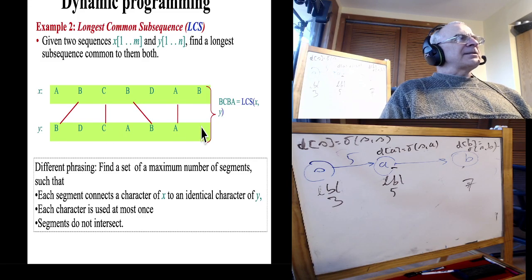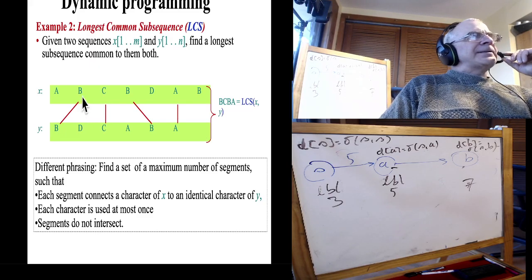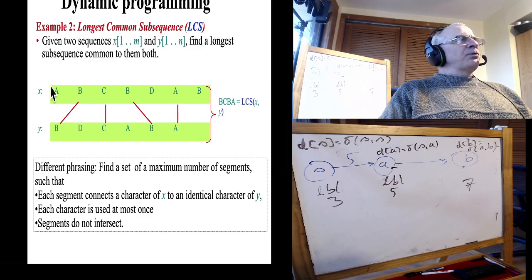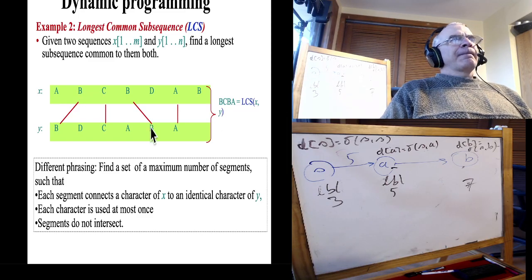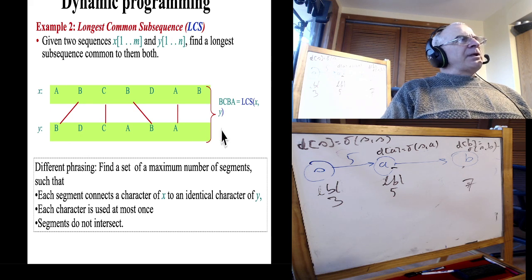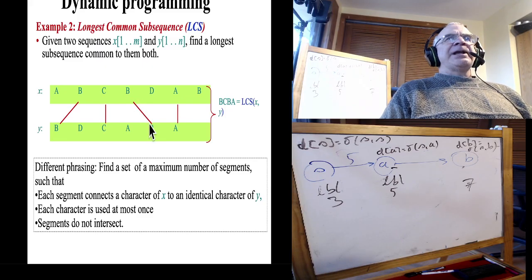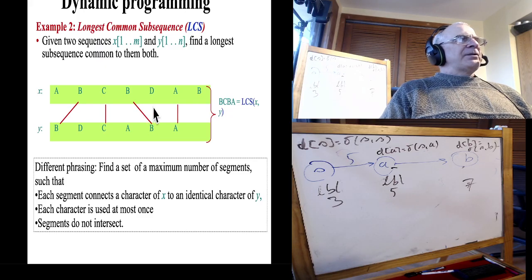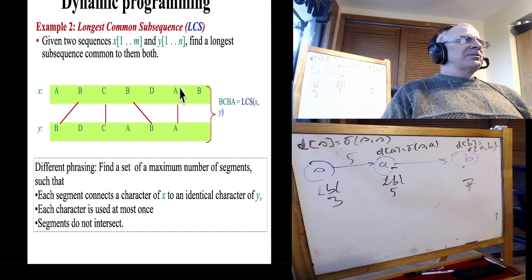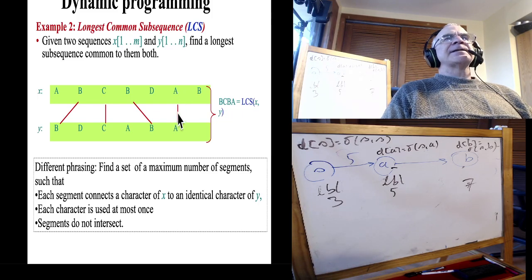I'll put both sequences horizontally, and I can put segments that connect one character of X to one character of Y. The rule is that you're only allowed to connect B to B, A to A, or C to C. That is, I can connect this A to either this A or this A. So that's one rule: only the same characters are connected.